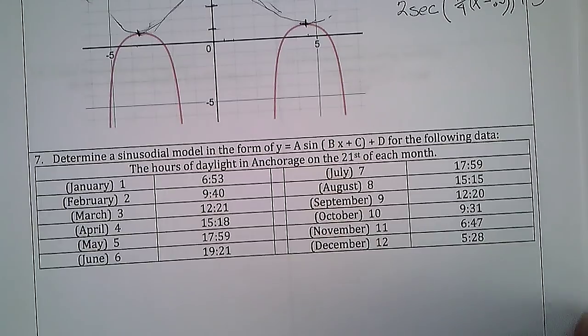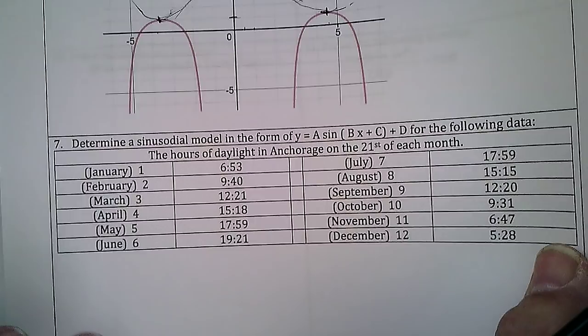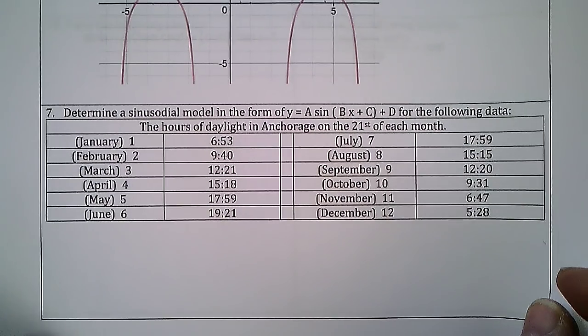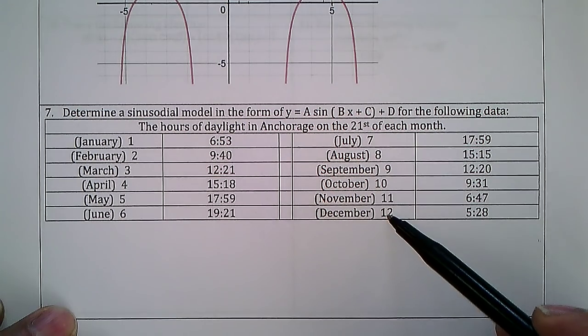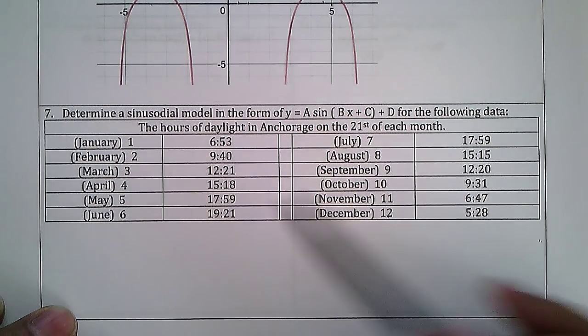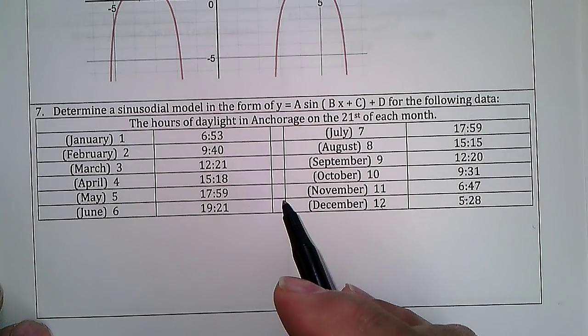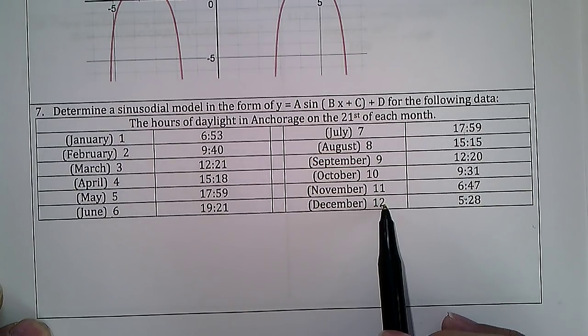All right, number 7, you can remember how to add this all to the calculator, but I'm going to do it manually here. You can put list the 1, 2, 3, 4, 5, 6, 7, 8, 9, 10, 11, 12 in list 1 and put these in list 2. But I'm just going to get a rough approximation here. So the period is 12.